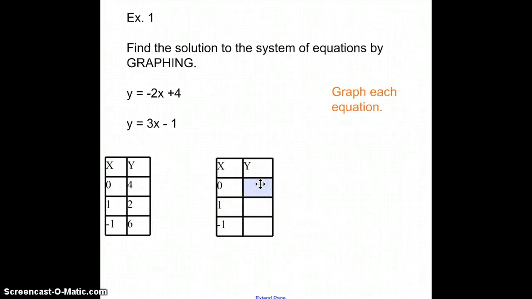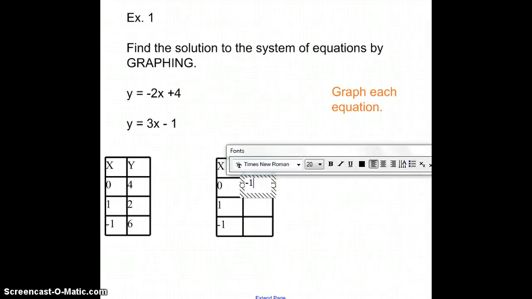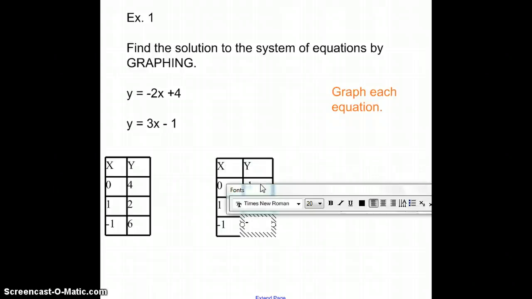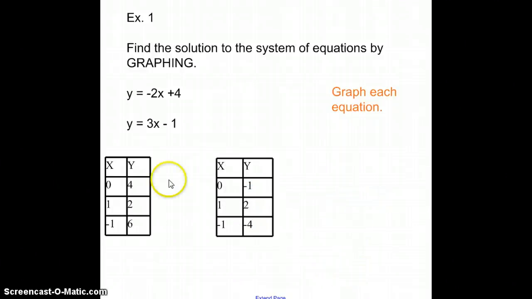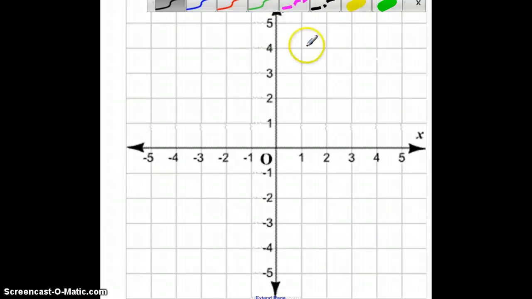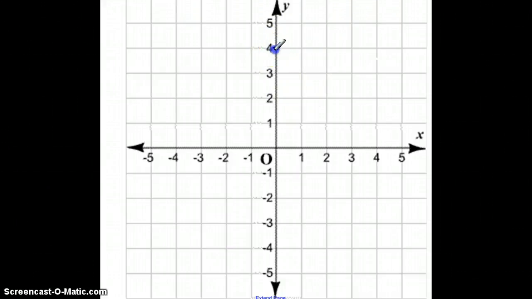Okay, so now we're back here. Hopefully you've done that work. That's our y-intercept there. This should be 2, and this one should be -4. Okay, so now we'll plot these points. In order to do so, 0, 4, 1, 2, and -1, 6 right up here.